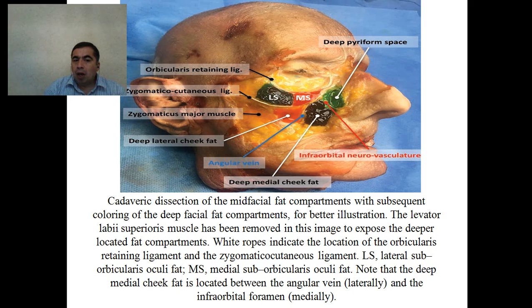Yes, cadaveric dissection of the face is important, and you are looking at the cadaveric dissection of midfacial fat compartments with subsequent coloring of the deep facial fat compartment.